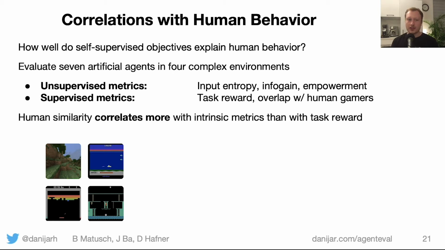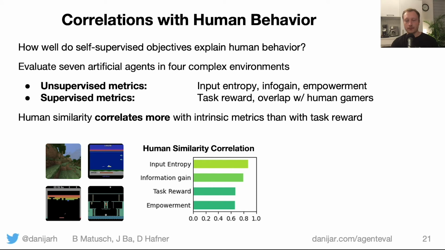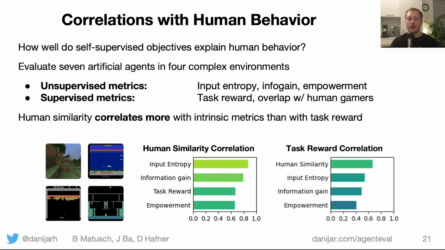We find that this measure of human similarity correlates more strongly with many of the intrinsic metrics than with task reward. Moreover, we find that all of these intrinsic metrics correlate more strongly with human similarity than they do with task reward. This offers some evidence that human behavior may be better explained through self-supervised objectives than through task rewards.